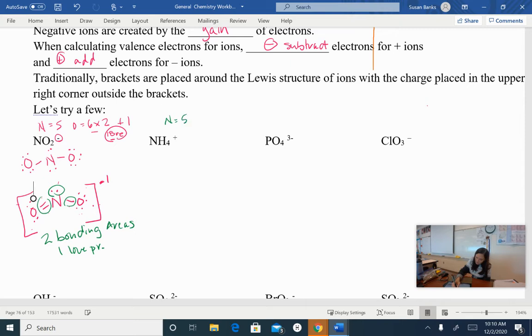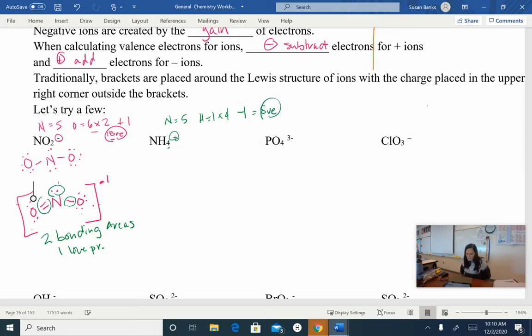Nitrogen has 5, hydrogen has 1, but we've got 4 hydrogens. So I'm going to multiply this by 4. And then I have a positive charge, which means I'm going to subtract an electron. So let's see, 1 times 4 is 4, plus 5 is 9, minus 1 gives me 8 valence electrons total.